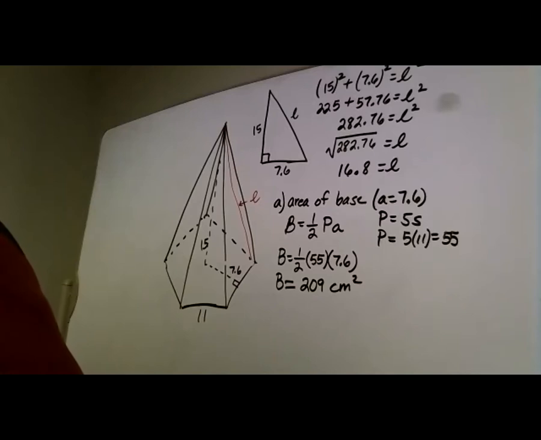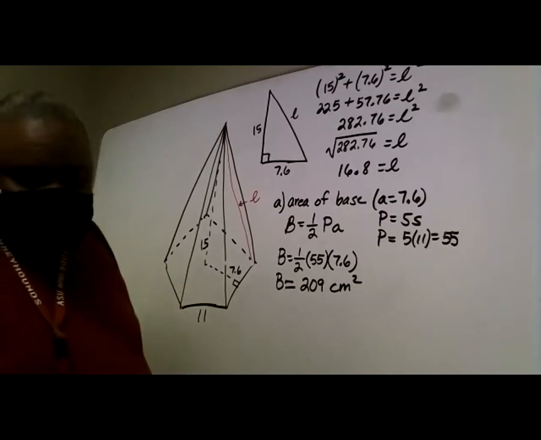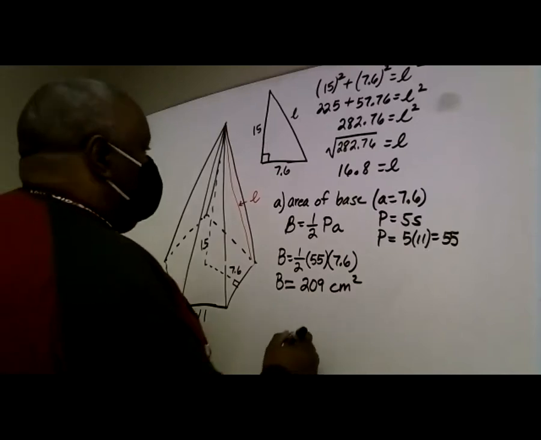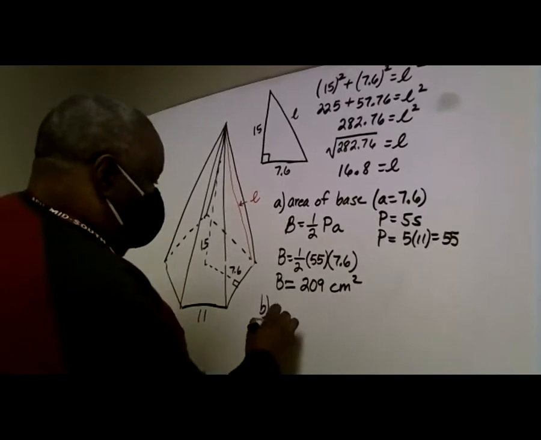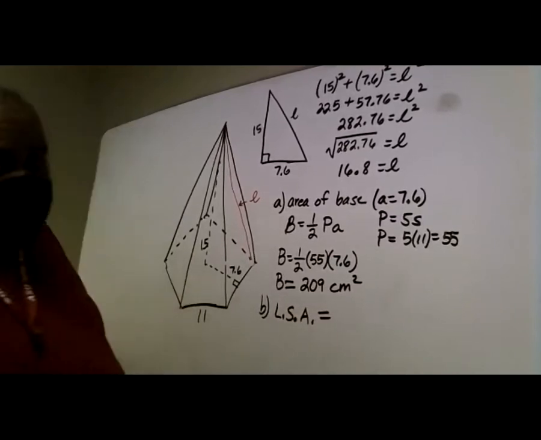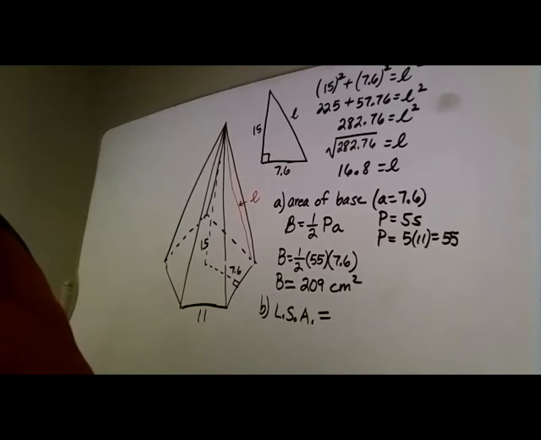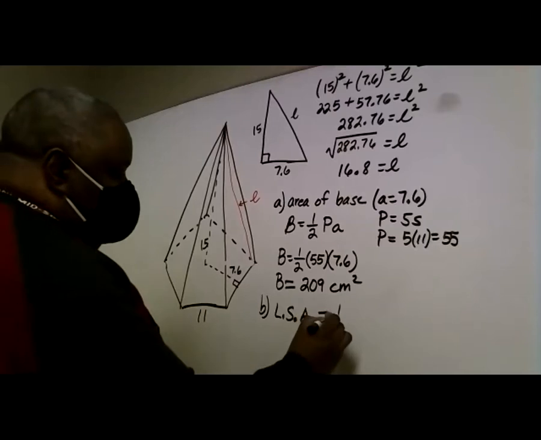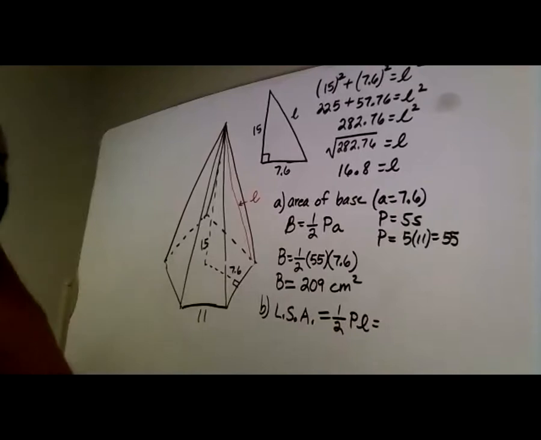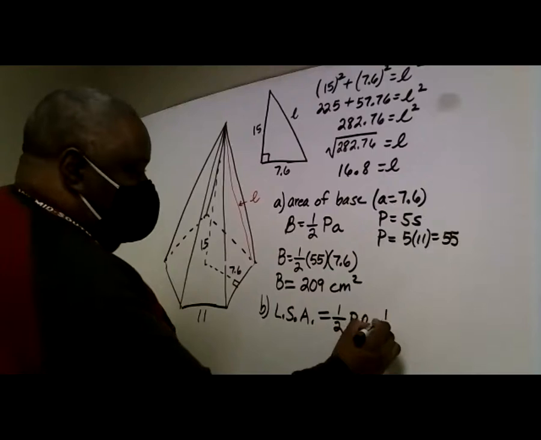Then the B part, they want the lateral surface area of the pyramid. All right, so the lateral surface area is this. That's 1/2 the perimeter times the slant height. So I have 1/2.